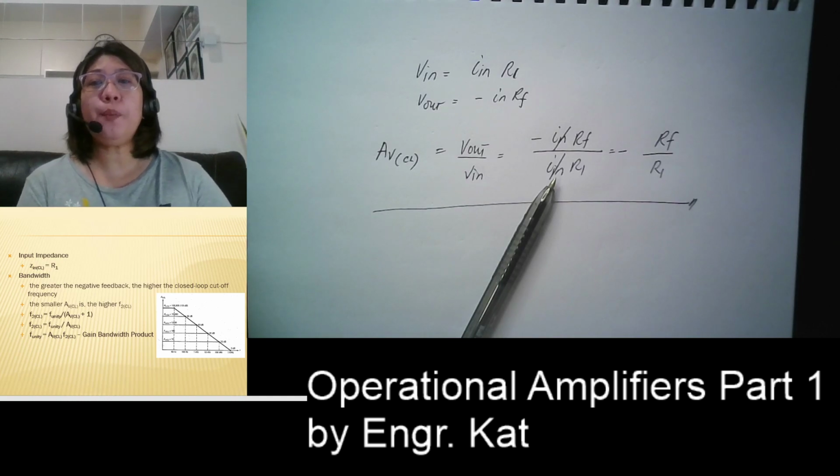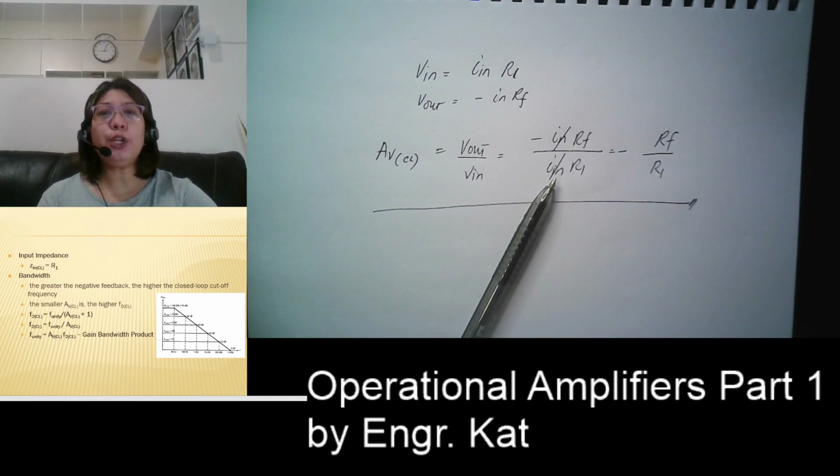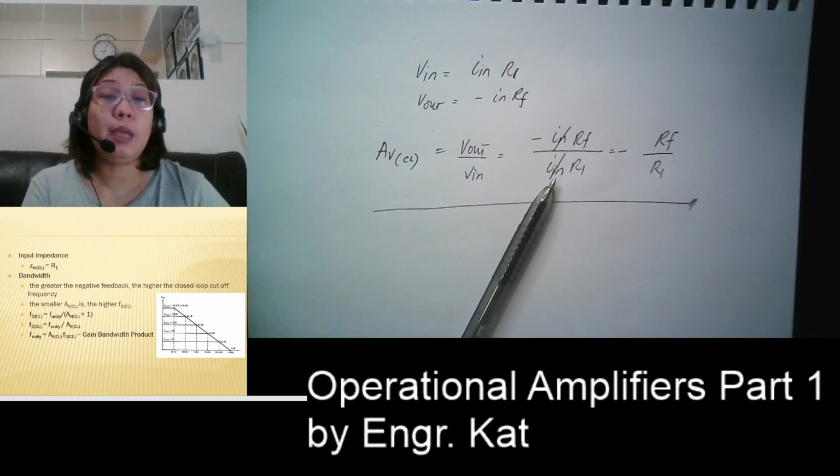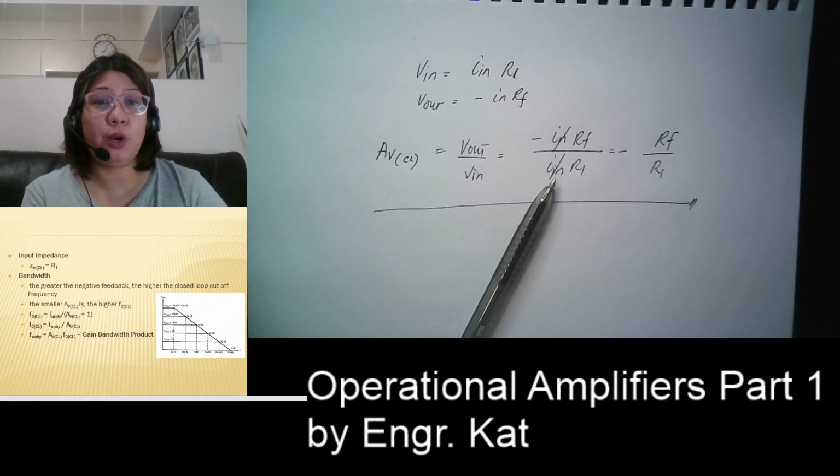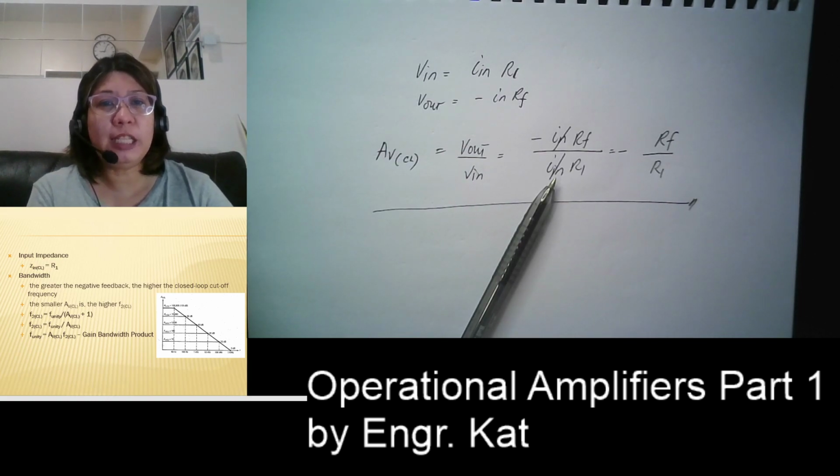For the bandwidth, the greater the negative feedback, the higher the closed loop cutoff frequency. So the smaller your closed loop voltage gain, the higher your F2. So what is F2? F2 is your cutoff frequency, or that is where your frequency response will start decreasing.